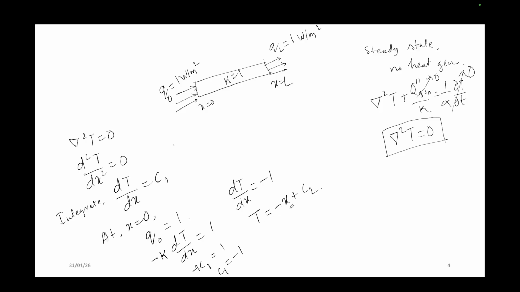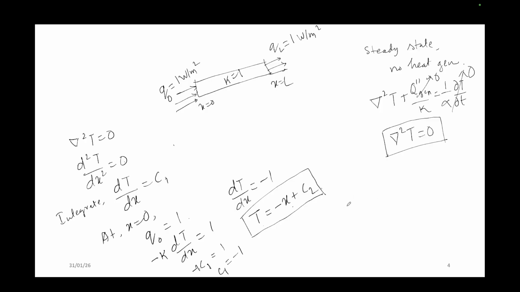Say here what are the two variables, x and temperature. So to solve this here, what boundary condition do you need? The first boundary condition, that is the Dirichlet boundary condition, is required, without which you will not get a certain value of T. Yes.